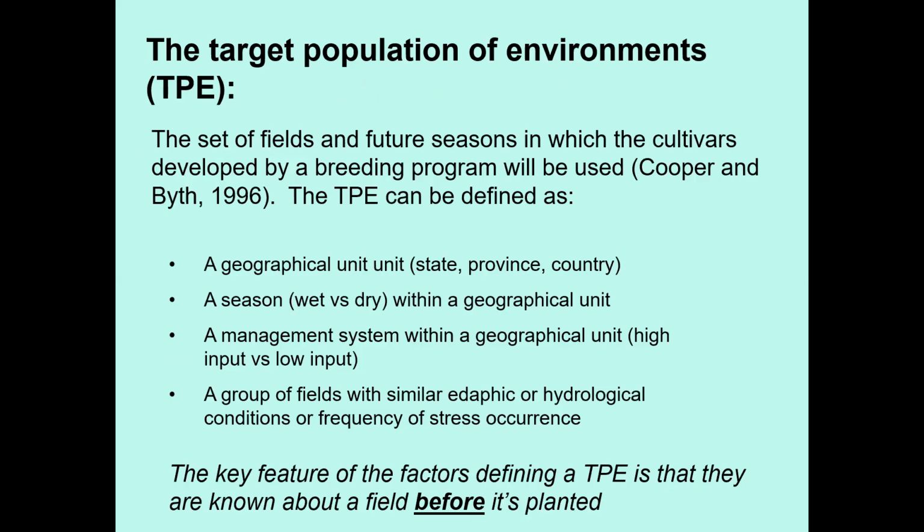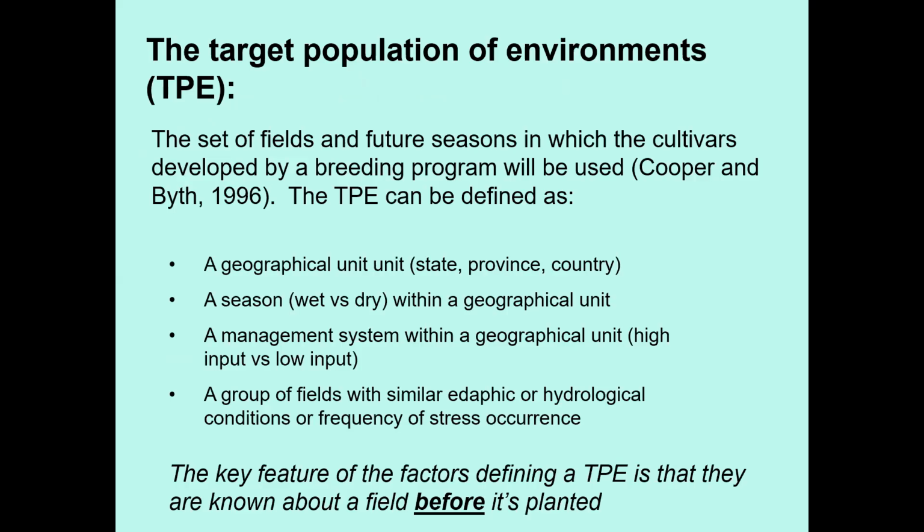This concept of the TPE, although it's an old concept, you first find it in print, I think, in a paper by Cooper and Byth in 1996. It's really the set of fields in future seasons in which the cultivars you're developing will be grown by farmers.